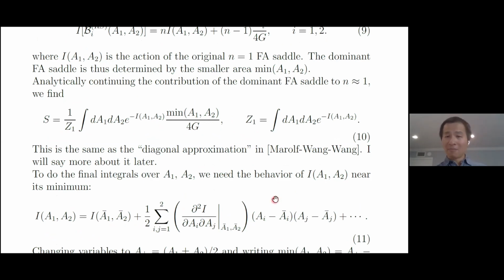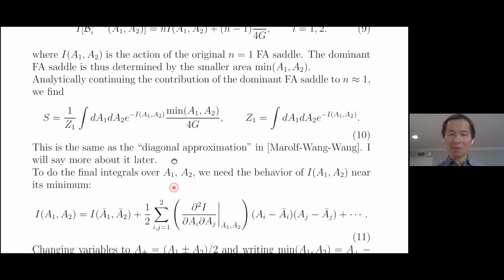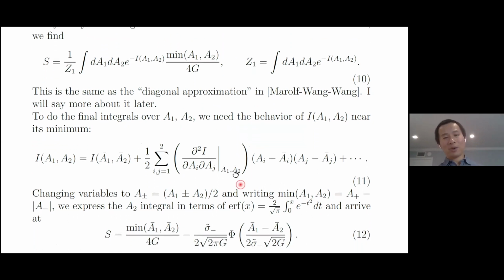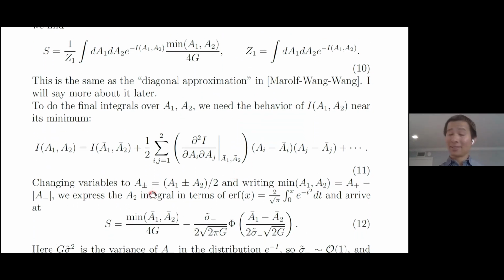In the small g limit, it's dominated by the behavior of this function I near its minimum, so we can do a Taylor expansion, finding this Gaussian piece and changing variables to A plus and A minus.